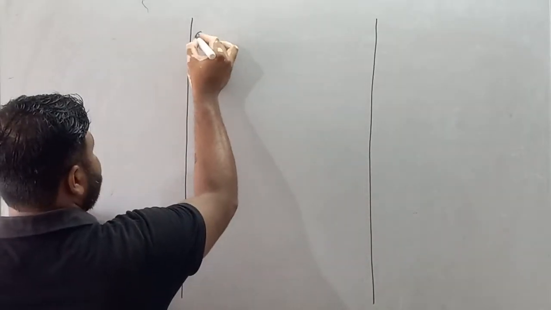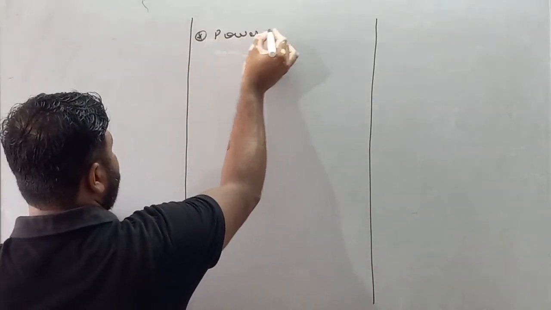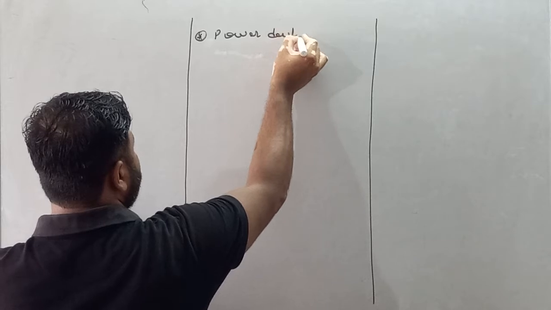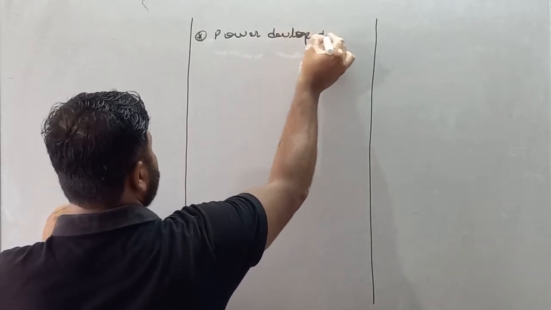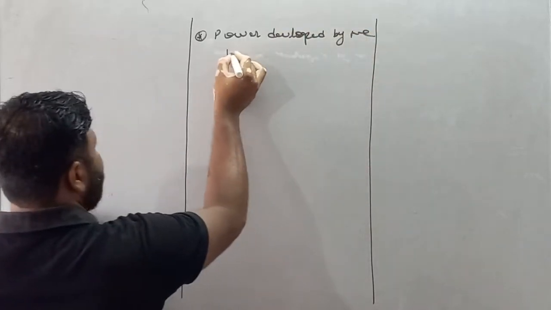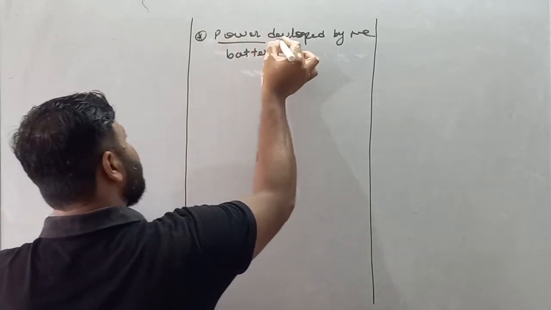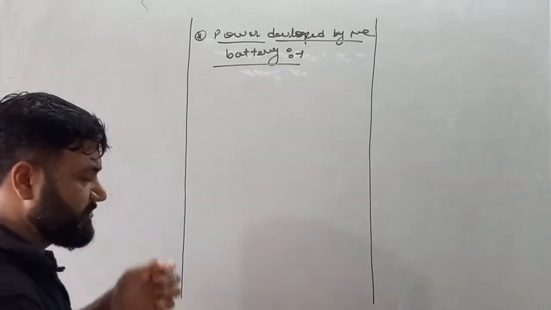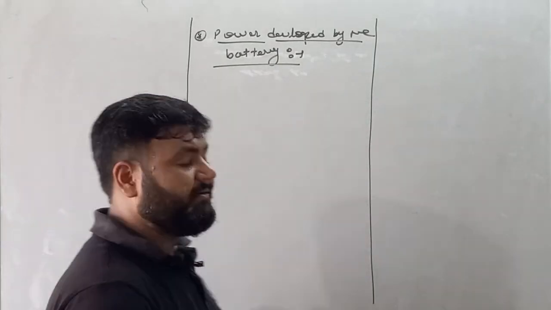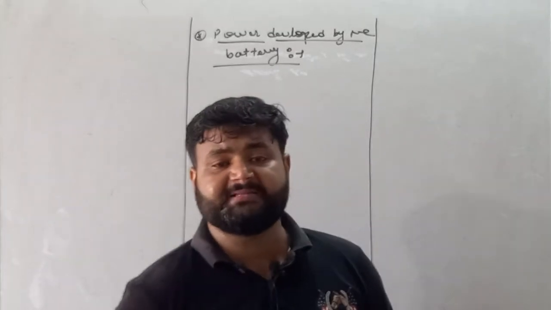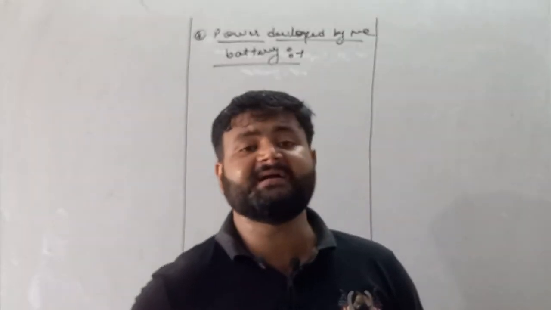Remember, the resistor will dissipate the power and the battery will develop the power. So let's suppose we have a battery. When we are studying power developed by the battery, my dear student, we are considering an ideal battery.